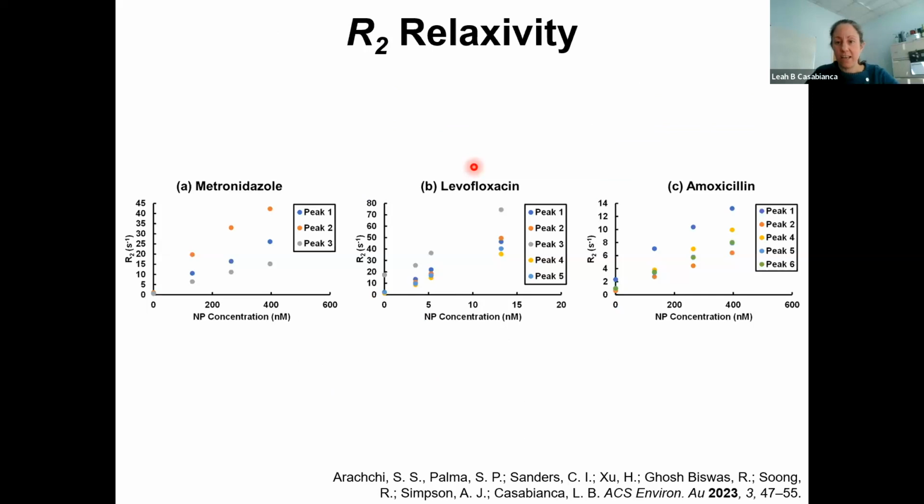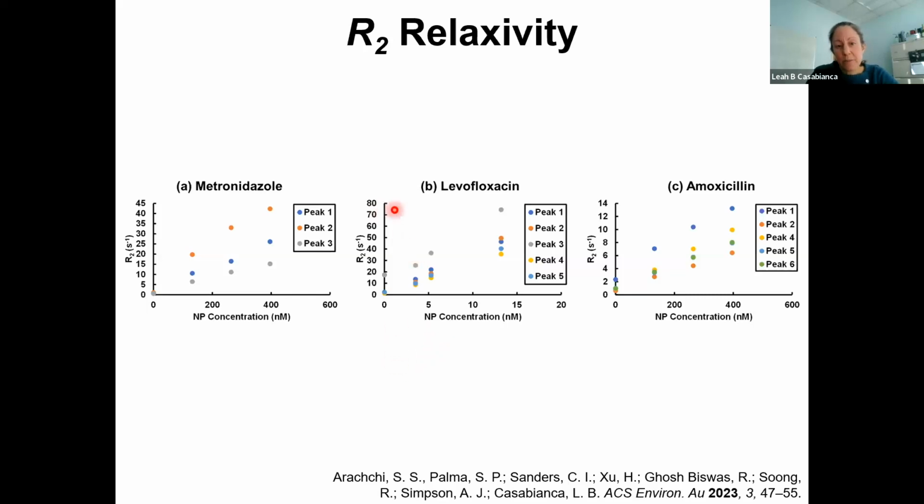We can quantify the line broadening by measuring the R2 relaxation. And if we measure the R2 relaxation rate as a function of added nanoparticle concentration, we can think of this as a relaxivity. And we can look at the slope of the line to determine which antibiotic is most perturbed by the presence of the nanoparticles.